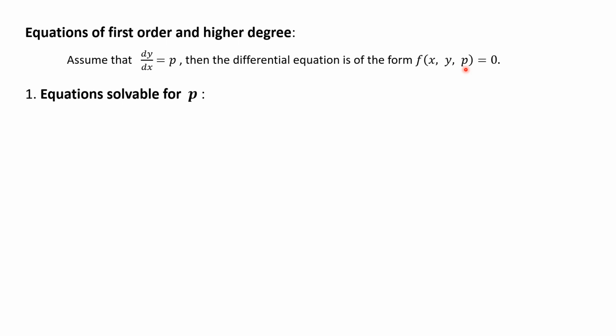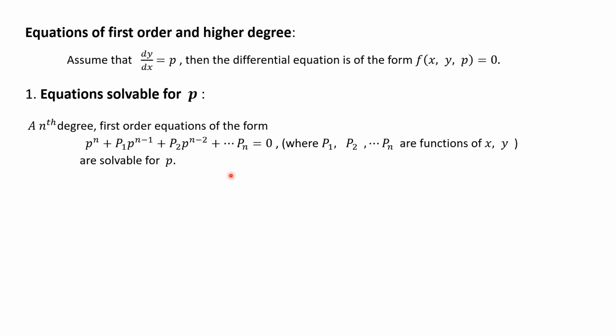Whenever the equation is solvable for p, if I take a general equation of nth degree first order, then the equation will be of the form p power n plus P1 p power n minus 1 plus P2 p power n minus 2 plus etcetera plus Pn equal to 0, where P1, P2, Pn, the coefficients, are functions of x and y, and the small letter p, as you know, is nothing but the derivative of y with respect to x, dy by dx.